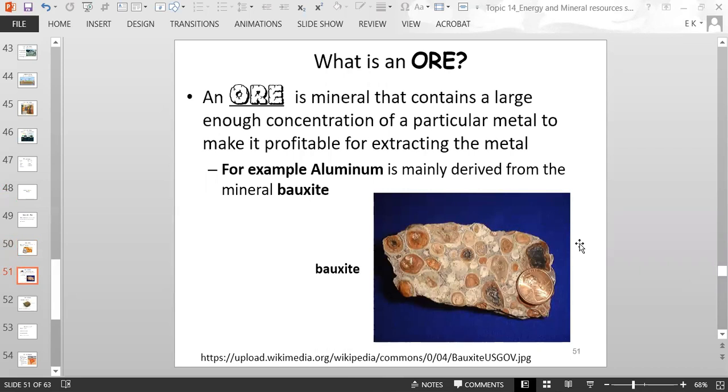An ore is a mineral that contains a large enough concentration of a particular metal to make it profitable for extracting that metal. For example, aluminum is mainly derived from the mineral bauxite. And this is what bauxite looks like. And the penny is just used as a scale. So you can get a better feel for how large the rock is.